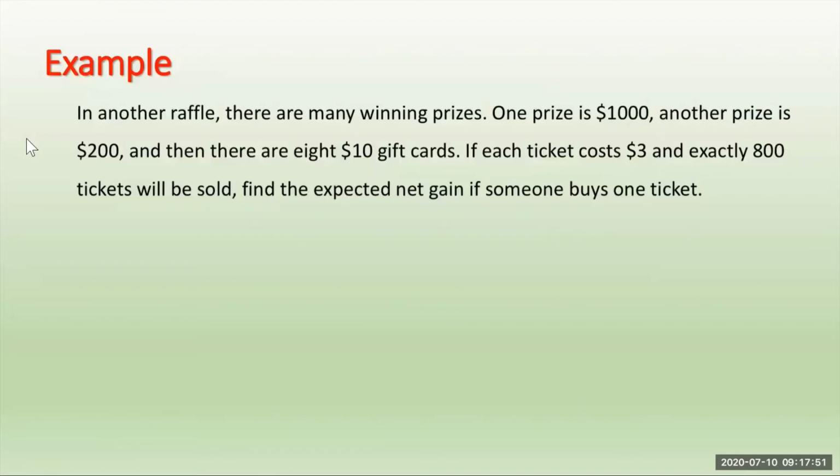Okay, another example. In another raffle, there are many winning prizes. If you remember, in the previous one we had only one prize. But here, there are many winning prizes. One prize is $1,000. Another prize is $200.